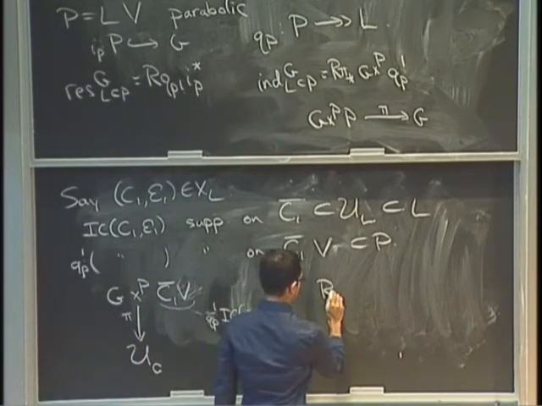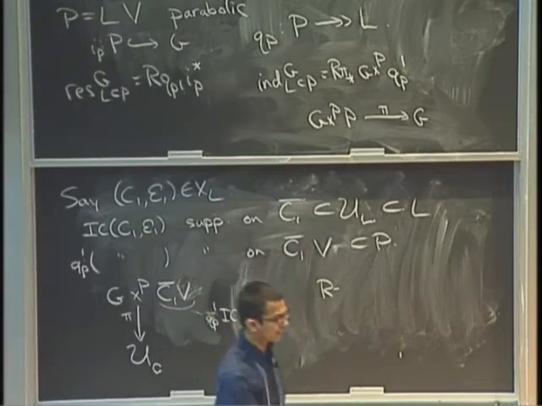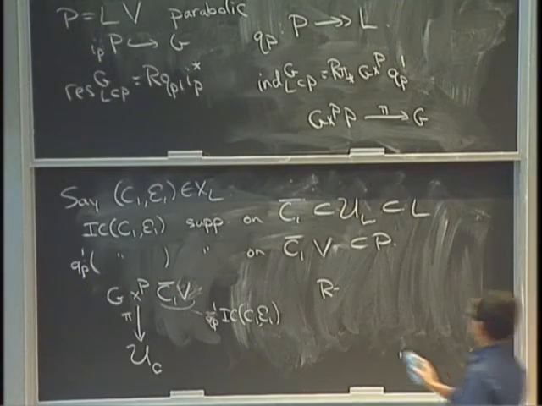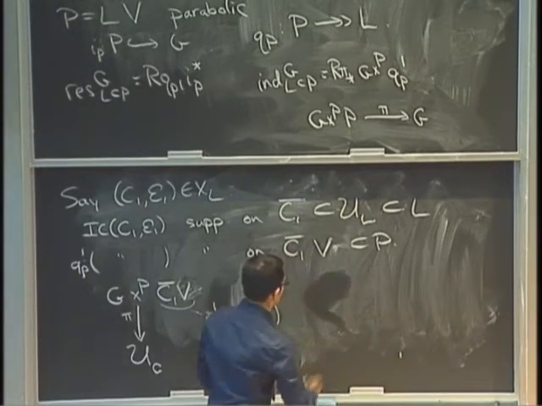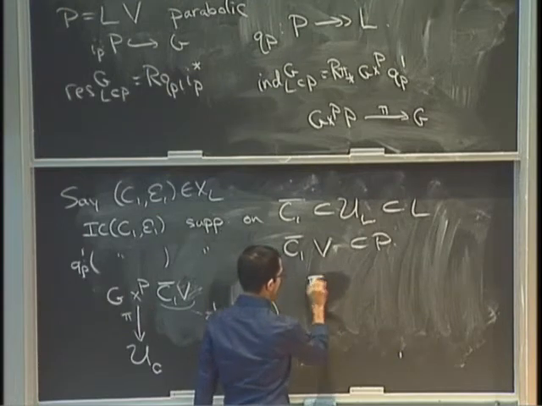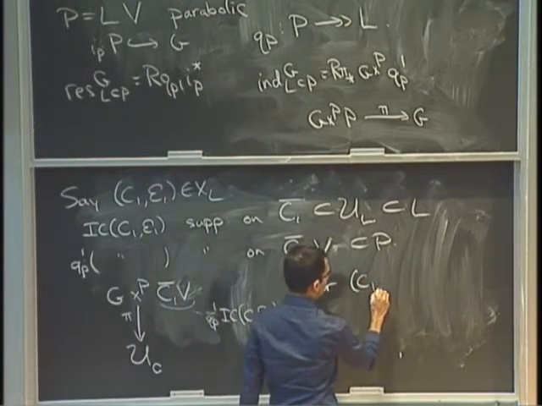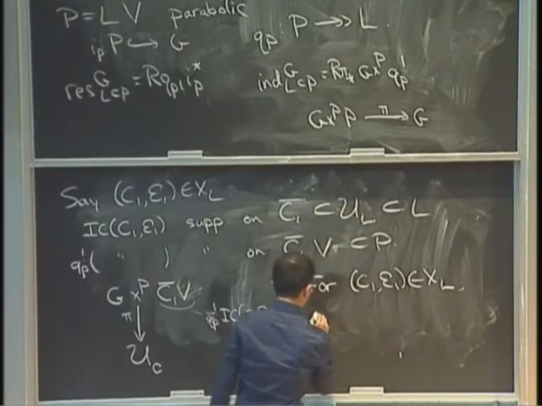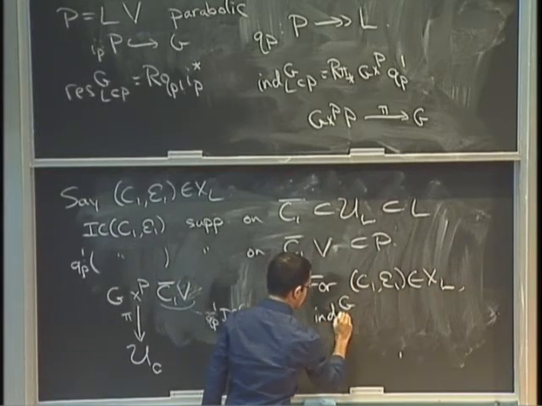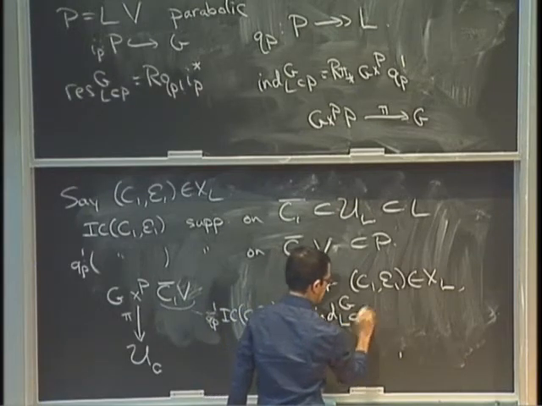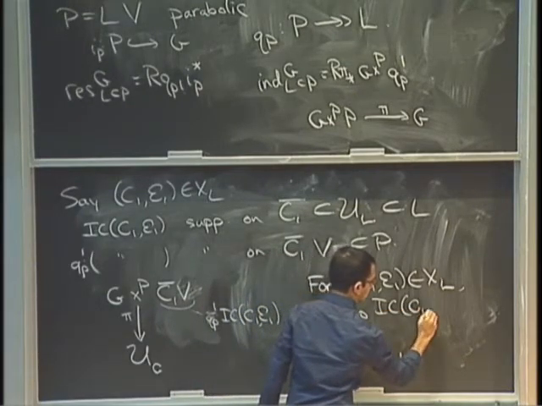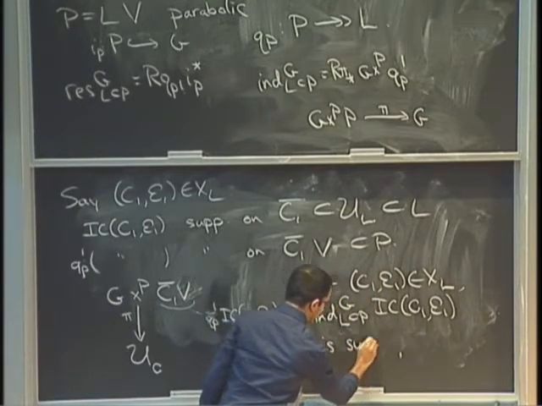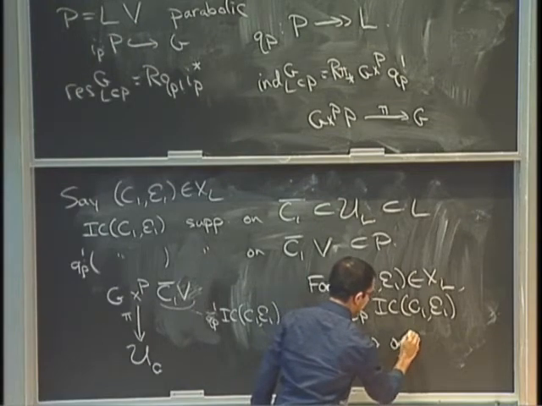So the observation I want to make is that if you start with one of these pairs in X_L, when you apply the induction functor to it, you get something supported on the unipotent variety.